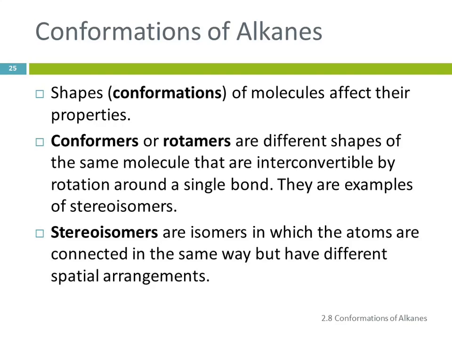These are examples of stereoisomers. We're going to be talking about a lot of different kinds of isomers, and so we're going to have to try to keep them straight. What's the difference between a music or perhaps a movie that's broadcast in stereo as opposed to one that isn't? Do you know?